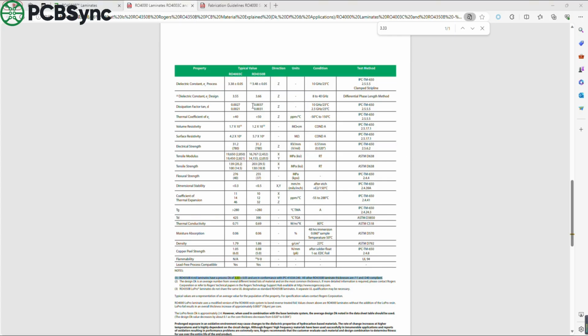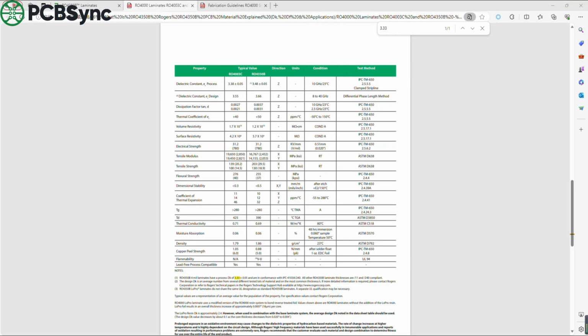The second point is the dissipation factor, DF. At 10 GHz and 23 degrees Celsius, the typical DF value is 0.0037. At 2.5 GHz and 23 degrees Celsius, the typical value is 0.0031. DF reflects dielectric loss. Generally speaking, the lower the DF, the less signal loss there is as it propagates through the dielectric.